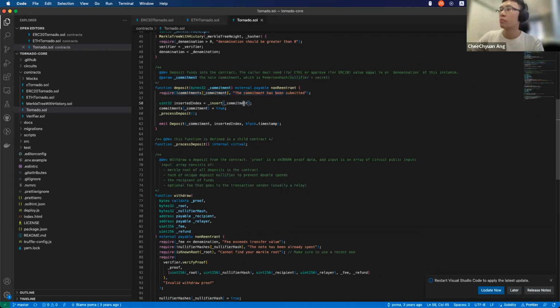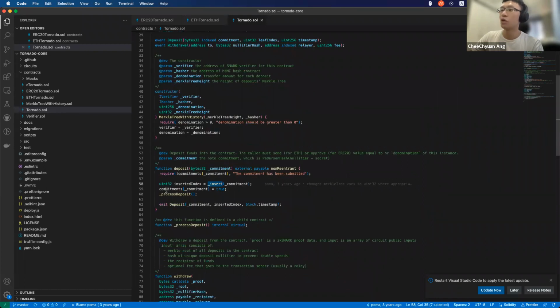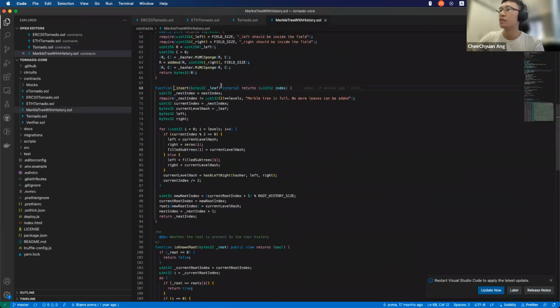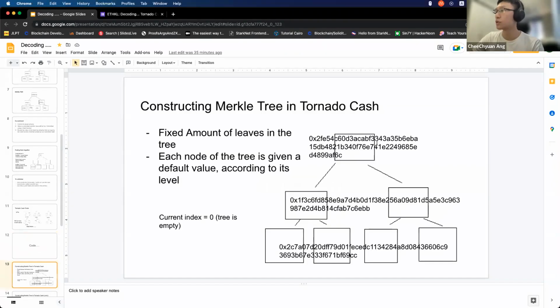And then it will insert the commitment into the tree, and then it will store the commitment into one of the mappings so that we know that it has been used before, and then we process the deposit. So what is the most interesting part will be the insert internal function over here. It's very messy. So to make things much easier, let me jump back to the slides.